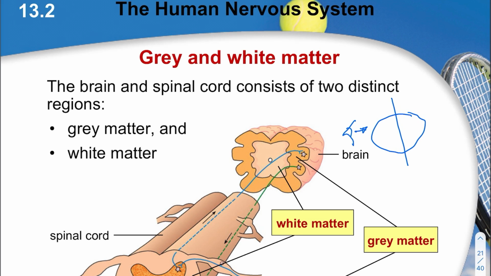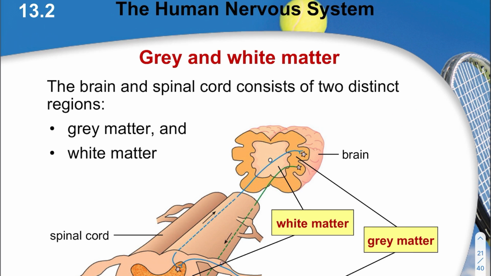For the spinal cord, the human spinal cord tends to be straight, but let's assume that you are lying down, and you cut the human in this manner. If you look from the bottom angle, you'll be able to see this is the structure of the spinal cord.